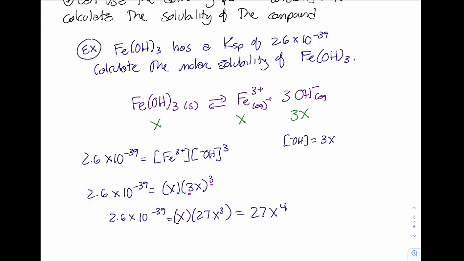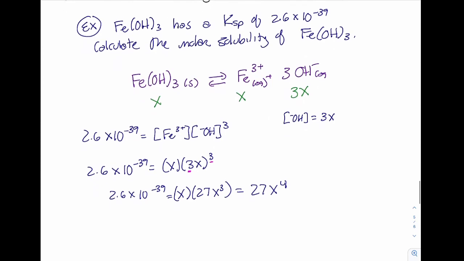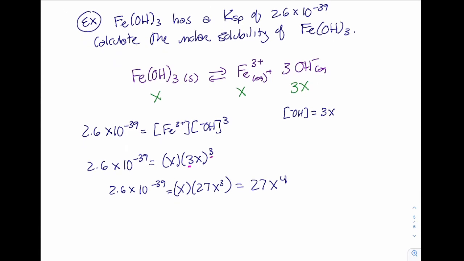So 27x cubed times x is 27x to the 4th. Divide 2.6 times 10 to the negative 39th by 27, and then take the 4th root of it. And when you do that, let me grab my calculator here and type all that in to see what we get. Hopefully you guys are going to do the same thing.